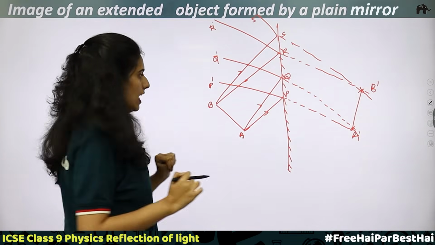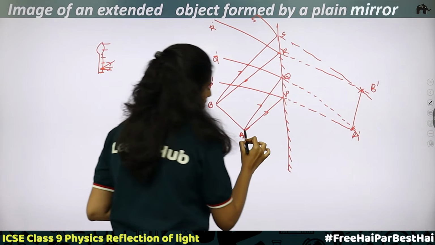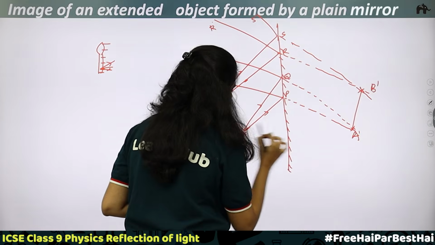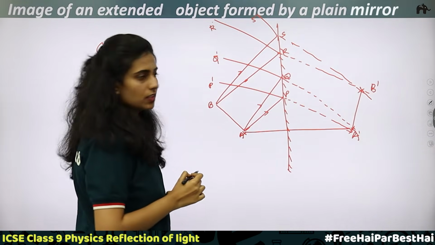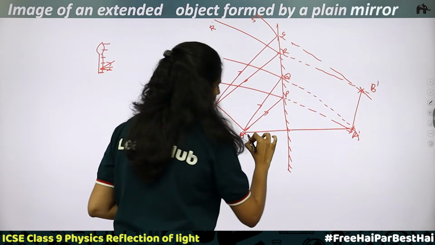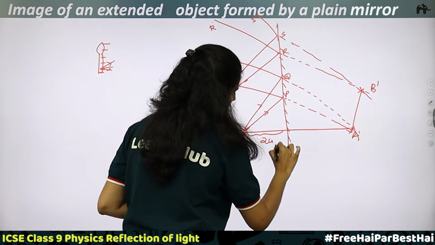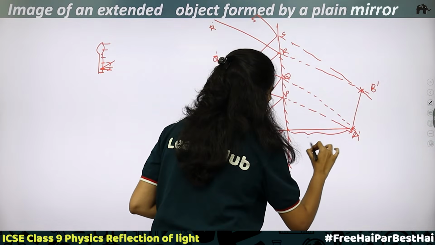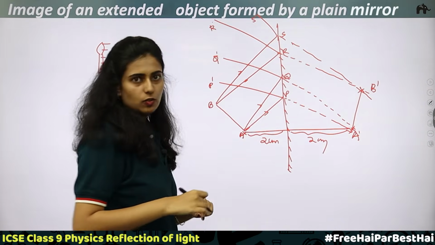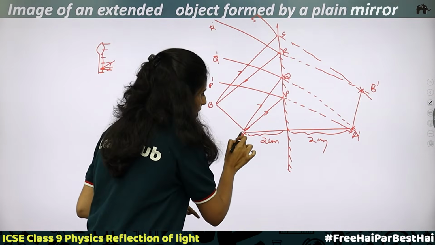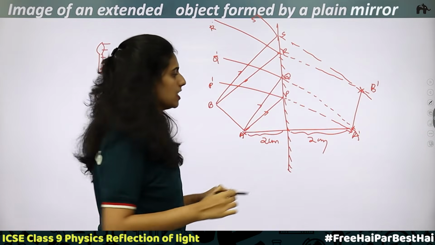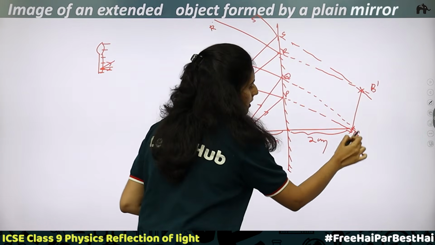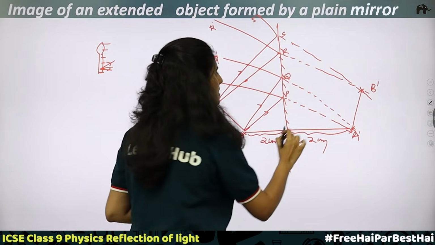Now you are able to see that this is the normal distance of A from A dash. Let's say this distance is 2 centimeter, then this distance will also be 2 centimeter. So the object's first edge is at a distance of 2 centimeter from the mirror, and the image's first edge will also be at 2 centimeter from the mirror.